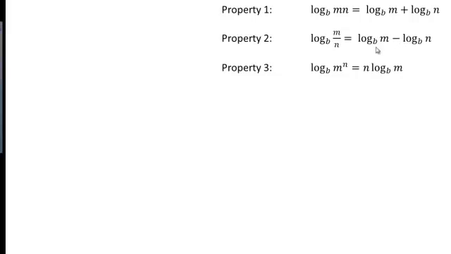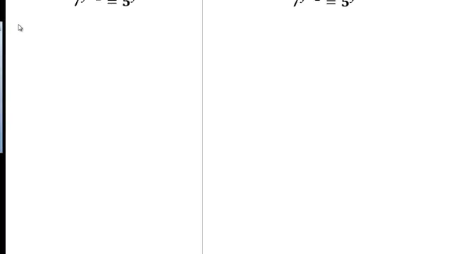If you have a subtraction and the bases are the same, you can bring it back as a division problem. And likewise, if you have an addition of 2 logs that have the same base, you can bring this back and condense it down to 1 log as long as you bring the of parts back together as a multiplication. So these properties you actually should have learned in 9-3, but let's just review them a little bit.